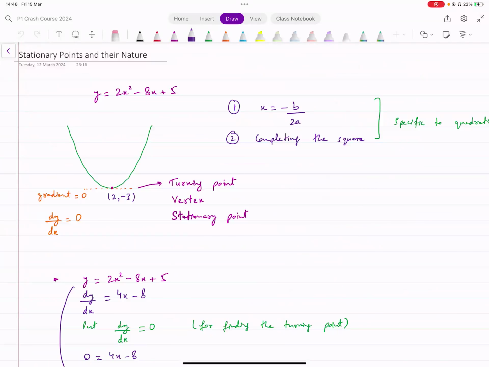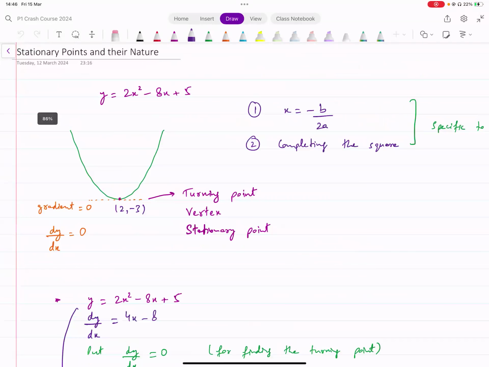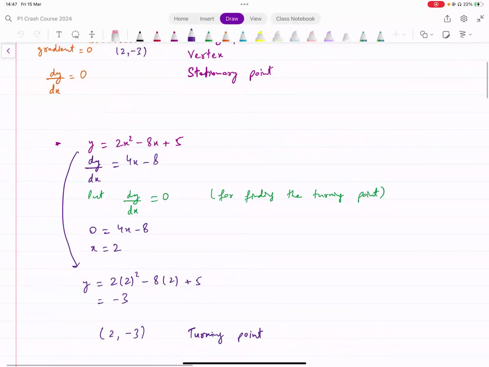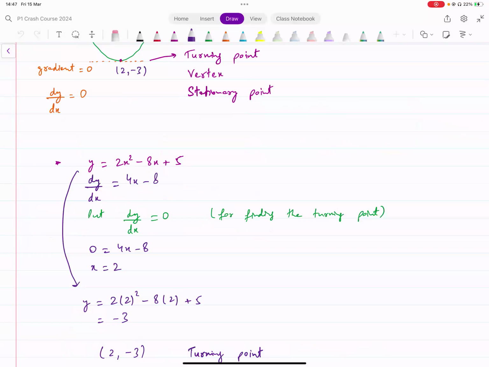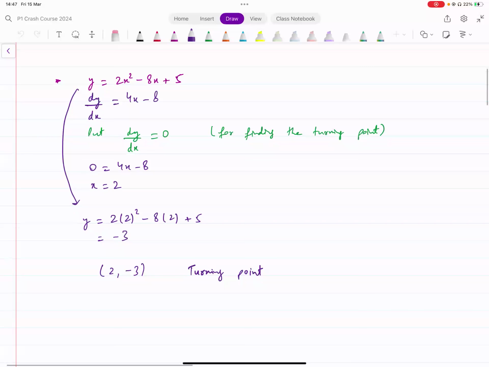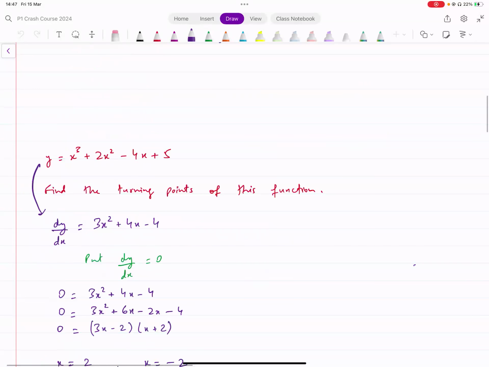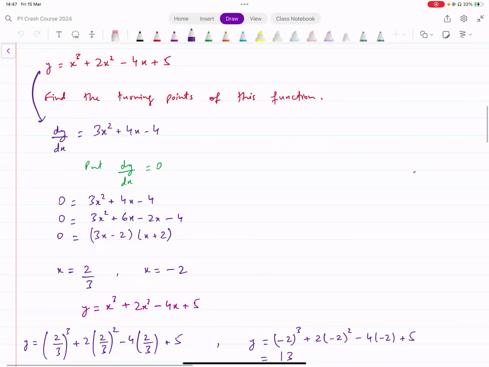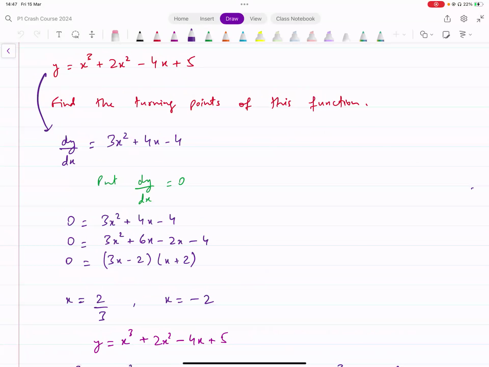And then we talked about stationary points and their nature. A stationary point is just another name for a turning point of a function. We learned how we could find stationary points for any kind of function using differentiation. Whenever you have a stationary point, whenever you have a turning point, the derivative at that point is equal to zero because the gradient at that point is zero.